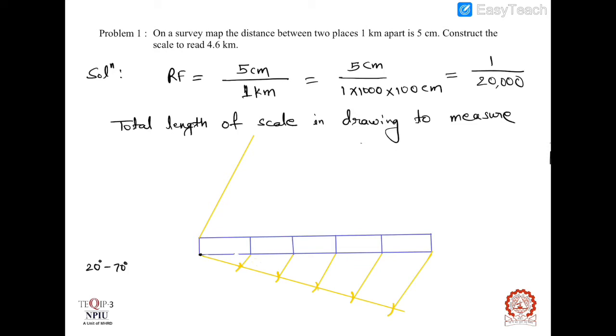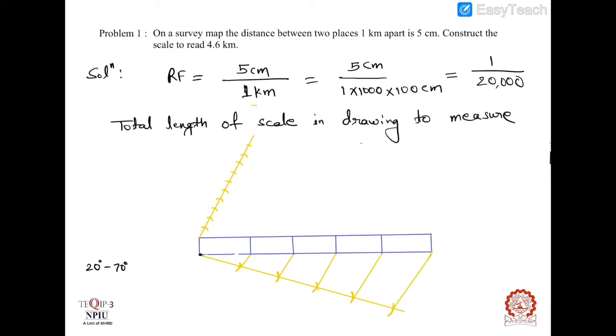Now again take the radius, mark here one arc by taking this as a center. Again change the center and mark here. In similar way you have to mark 10 times. 1, 2, 3, 4, 5, 6, 7, 8, 9 and 10.